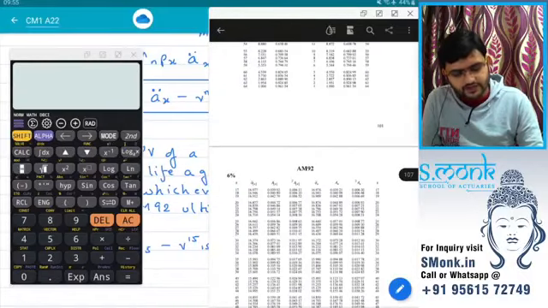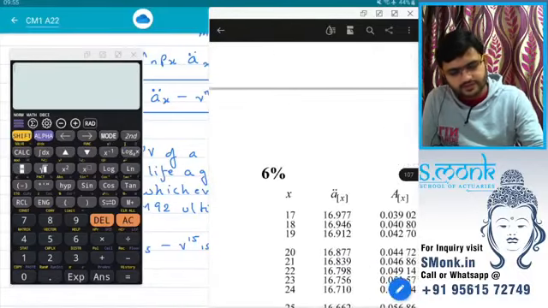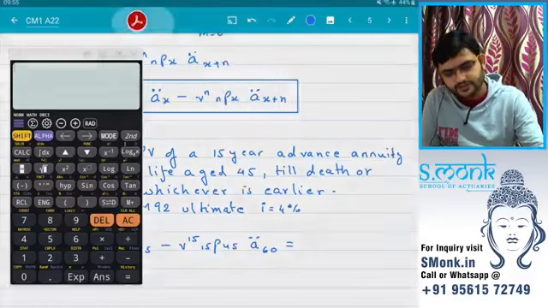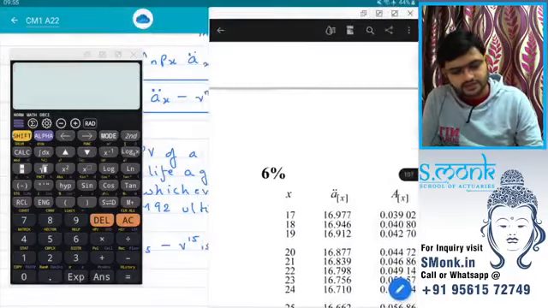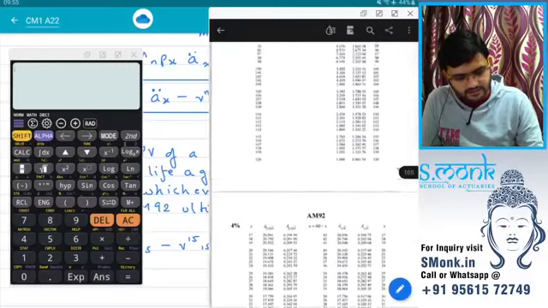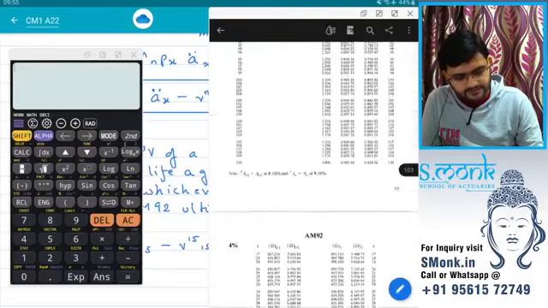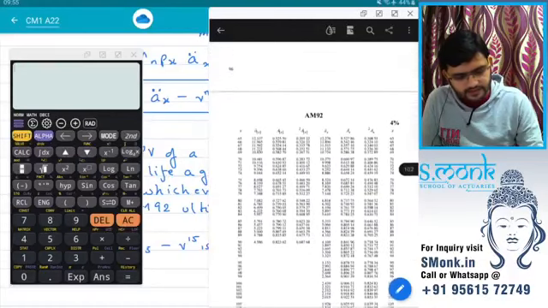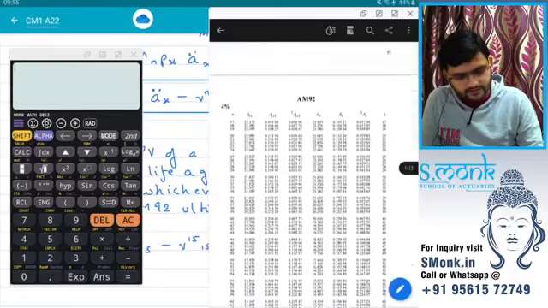First of all, we are looking for rate of interest, which is 4%, right? Yes, 4%. So let's go to the 4% tables.